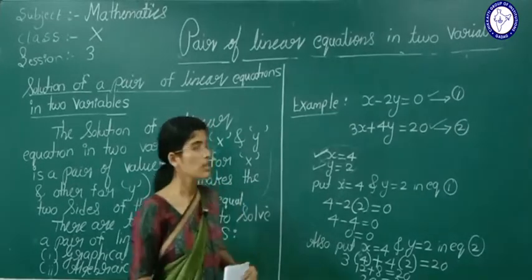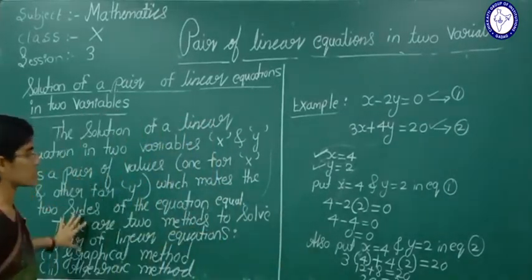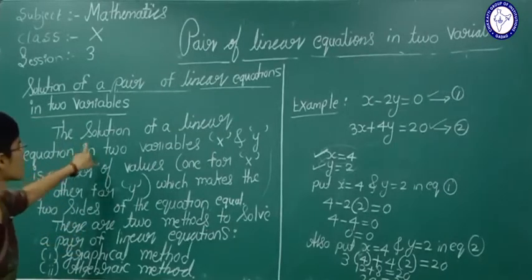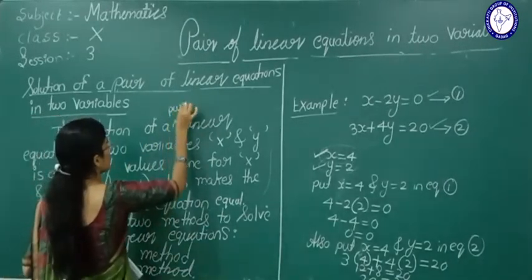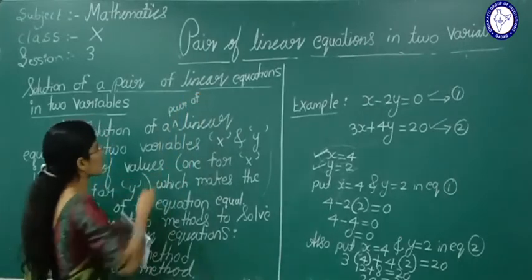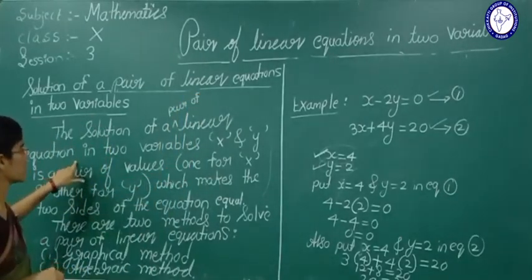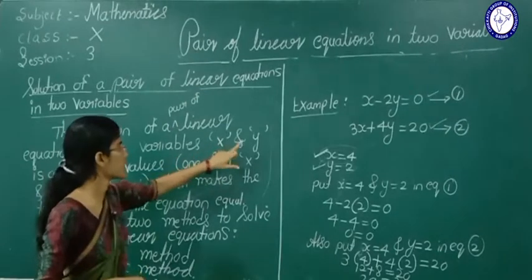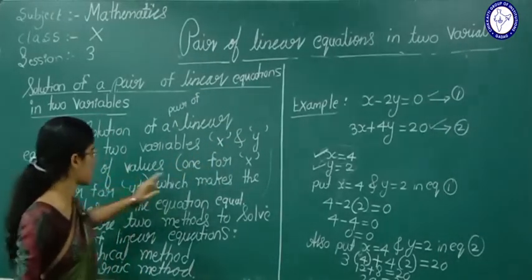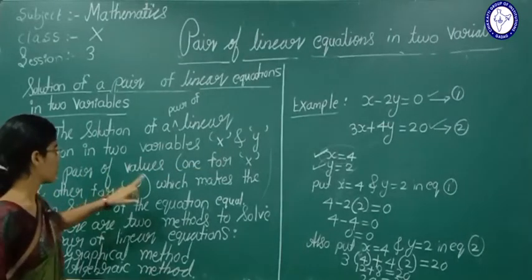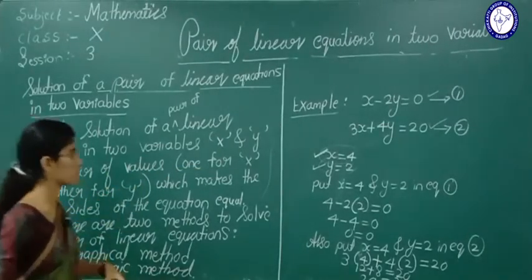Is it understood? This only we have written in statement form: the solution of a pair of linear equations in two variables x and y is a pair of values, one for x and other for y, which makes the two sides of the equations equal.